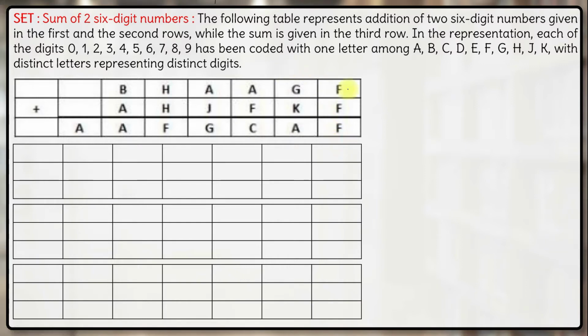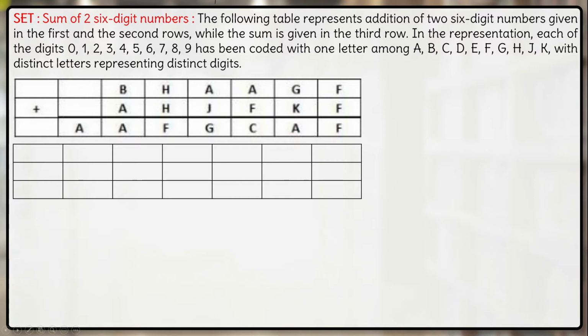So let's see, 1 plus 1 is 2, which is not the same. 2 plus 2 is also not the same. In such fashion, if you go up till 9, 9 plus 9 is 18, so there the units digit is 8, which is again not the same here. And 0 plus 0 is 0. So the only possibility for F is 0.